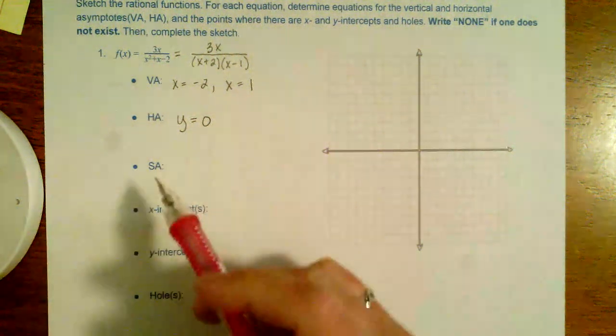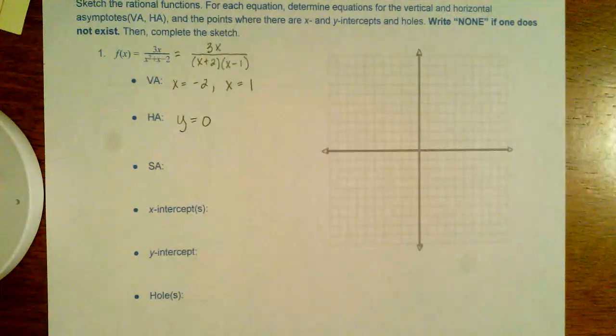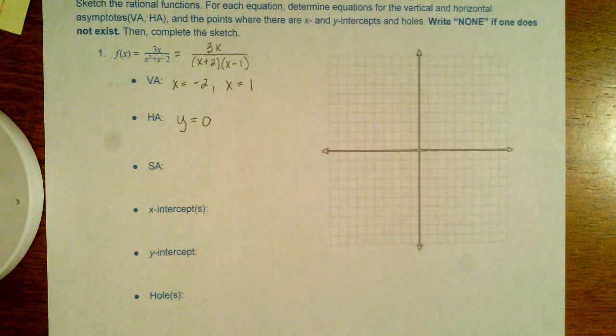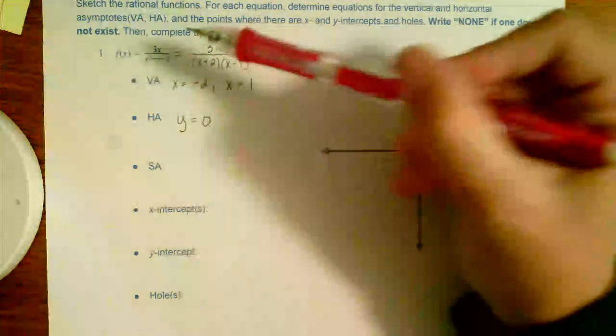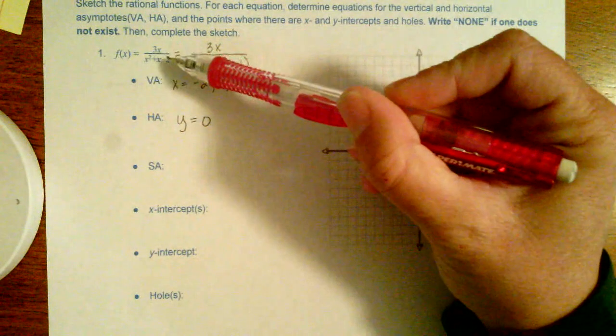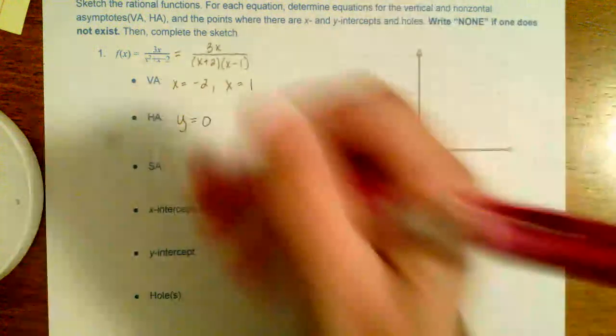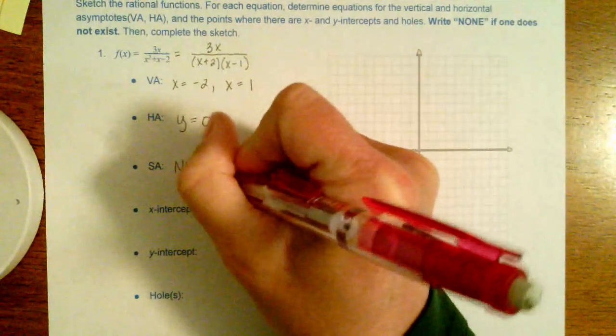Next, we need to decide if there's a slant asymptote. Based on our notes from rational functions day 1, slant asymptotes only happen if the degree of the numerator is 1 more than the degree of the denominator. In this case, our degree is 1 in the numerator, 2 in the denominator, so we do not have a slant asymptote.